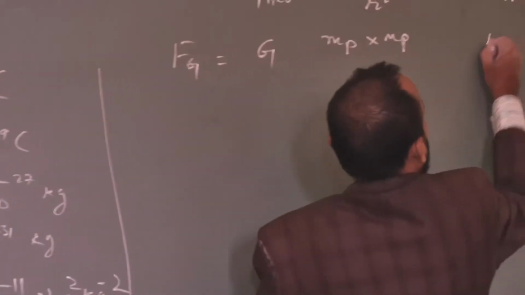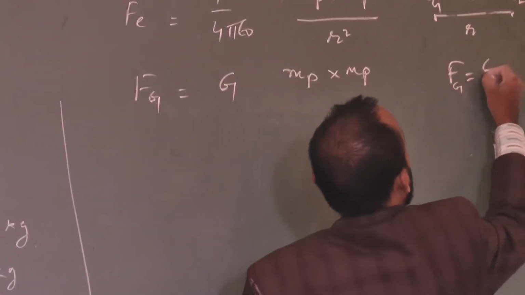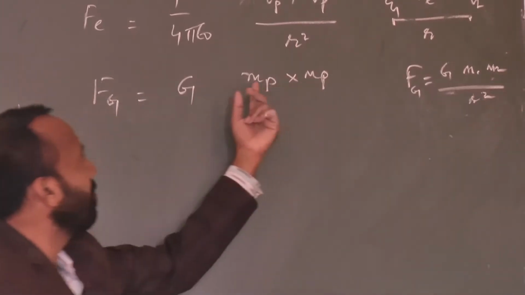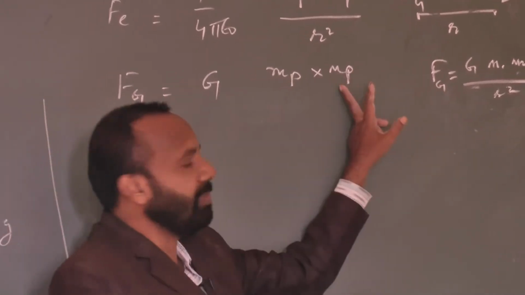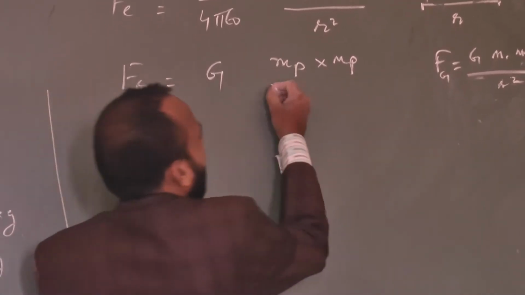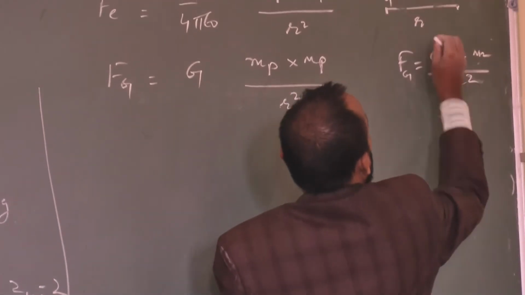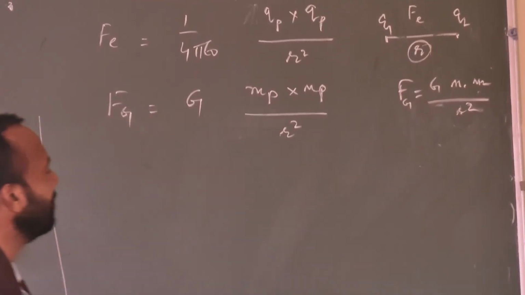I am putting here M1 as the mass of the proton, M2 as the mass of the proton, divided by r square, again the same distance r square between them.